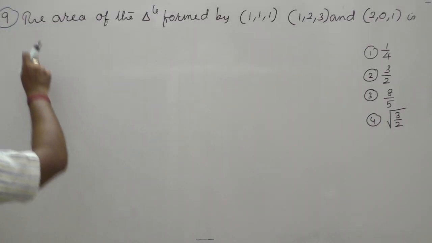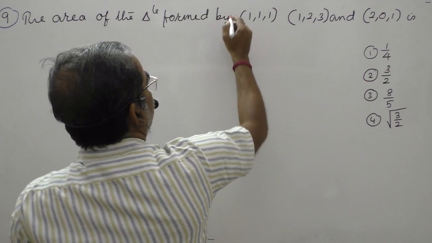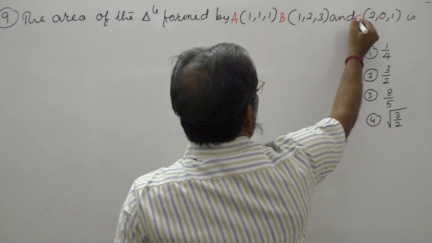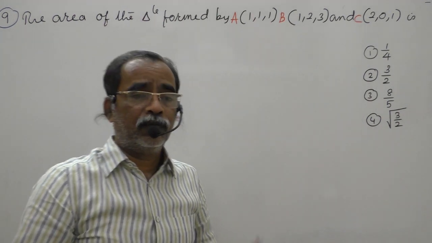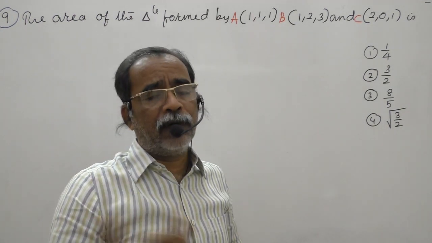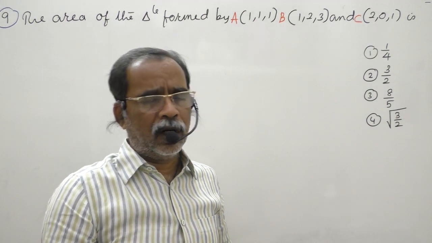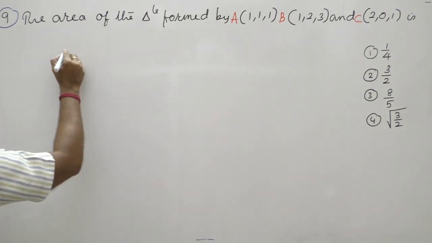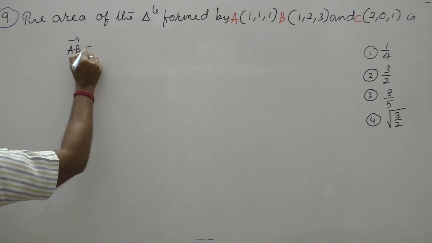Yes. Next number. See now, the area of the triangle formed by 3 points. I shall denote the vertices by A, B, C. So in 3D geometry, the area of a triangle can be found using vector algebra. What is the area? Half mod AB cross AC, cross product of any two adjacent sides. So firstly I will find AB bar.